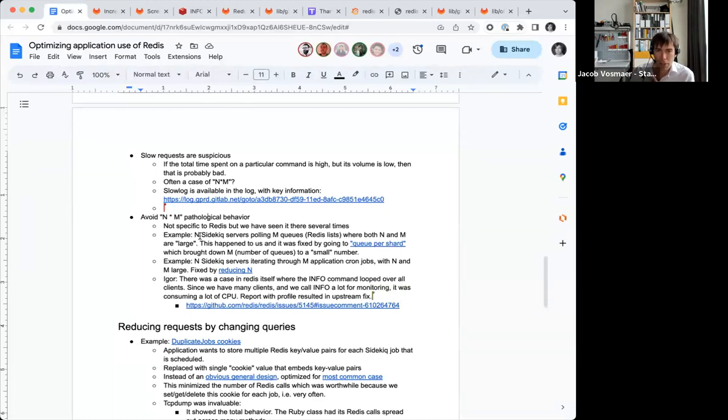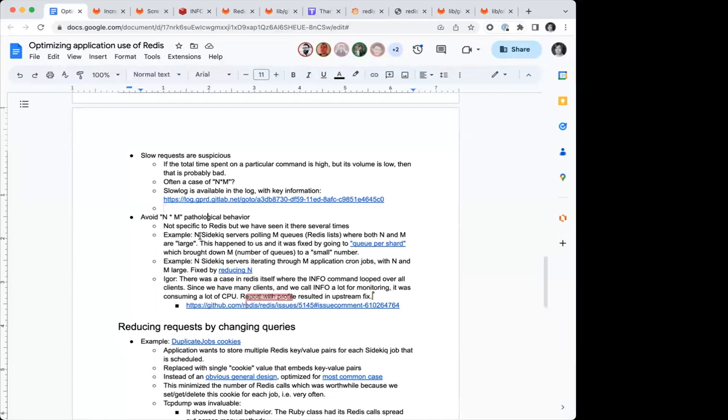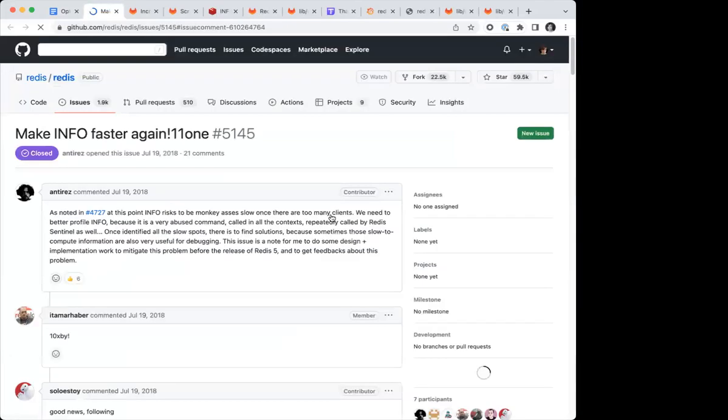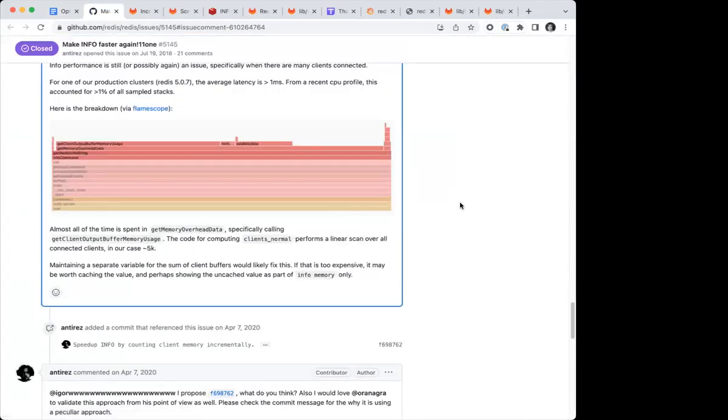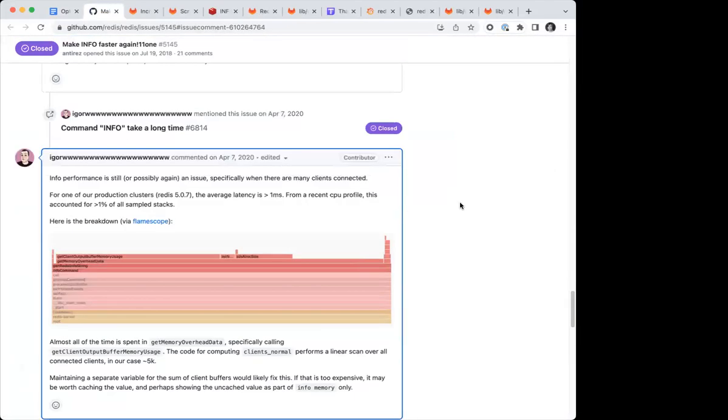And Igor, you had another example. Can you speak to that? This was an internal one in Redis itself, which was amplified due to us having a lot of clients, which I guess a lot of other folks don't necessarily run into.